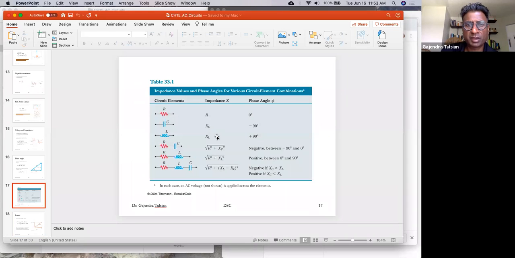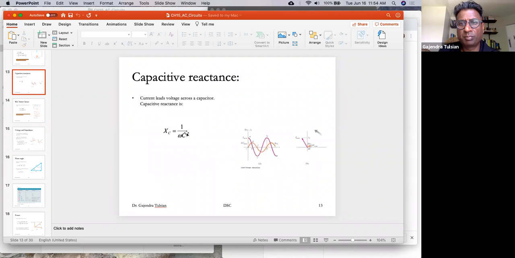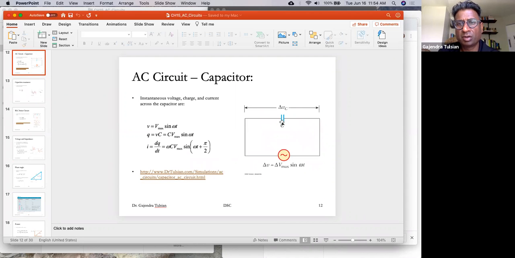Okay, so let's go back to the table. When it's a purely capacitive circuit or a purely inductive circuit, phi is plus or minus 90, and no power is being delivered. If you connect a pure capacitor or a pure inductor to an AC source, all that happens is on one cycle, energy is stored in the capacitor, and then in the next cycle, it's returned to the source.